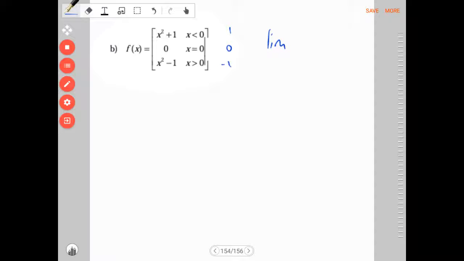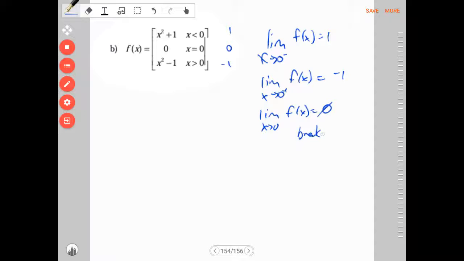Well, the limit as x approaches 0 from the left equals 1. The limit as x approaches 0 from the right equals negative 1. So the limit as x approaches 0 doesn't exist. So that's another rule 2 break.